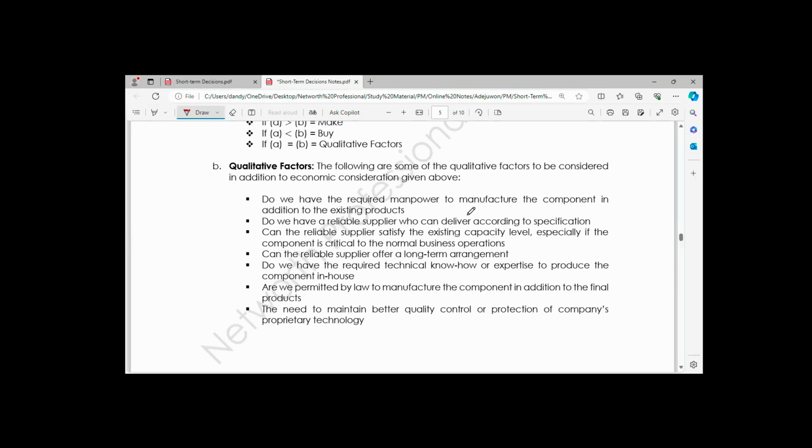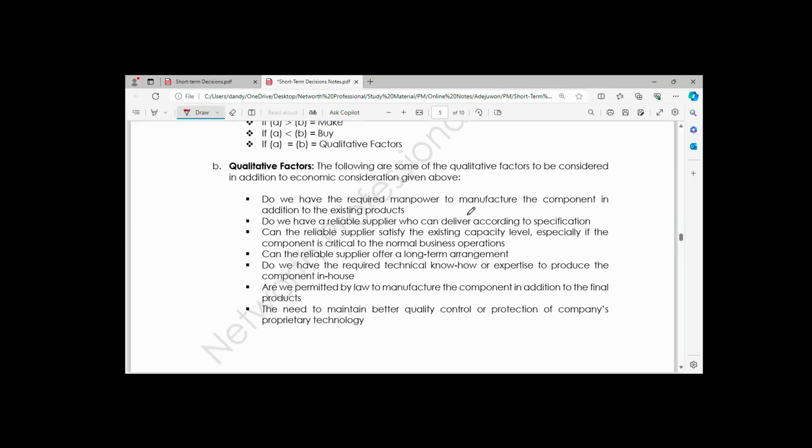Not only that, you also need to ask yourself if the reliable supplier can offer a long-term arrangement. If the company decides to contract it to an outside supplier to do it on its behalf, you need to be sure that, going forward, on a going concern basis, this reliable supplier can offer a long-term arrangement.